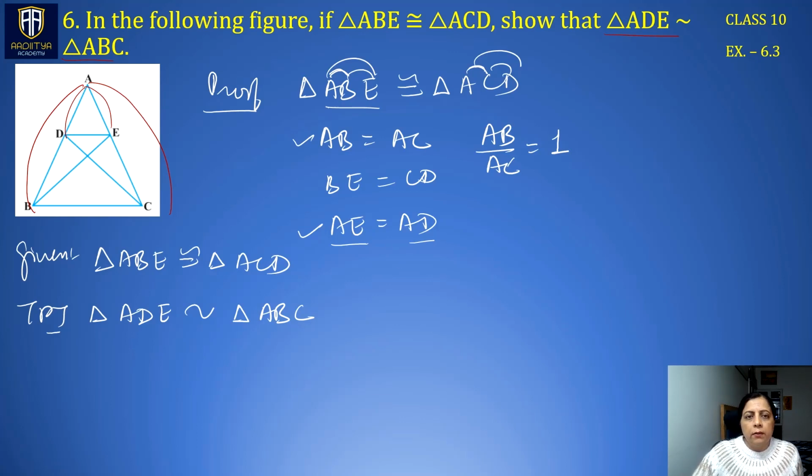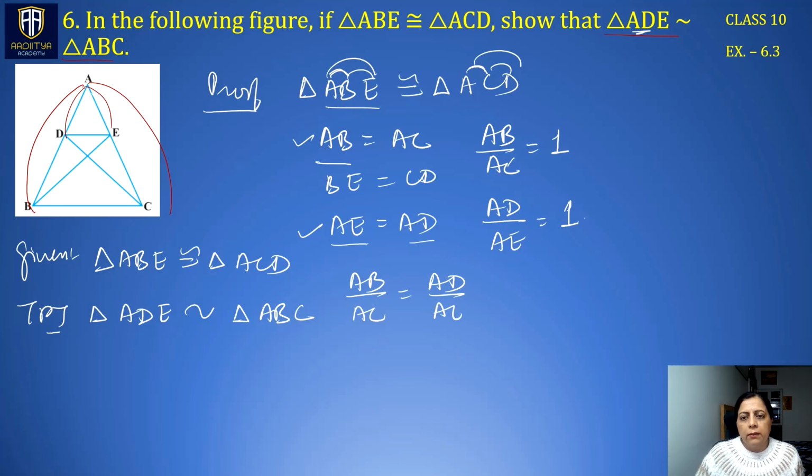AE is equal to AD, so AD upon AE is also equal to 1, right? So if these ratios are equal, we can write AB upon AC is equal to AD upon AE. I have just found the ratio of these two equal sides and these two equal sides, and since the ratios are equal, I have equated them.